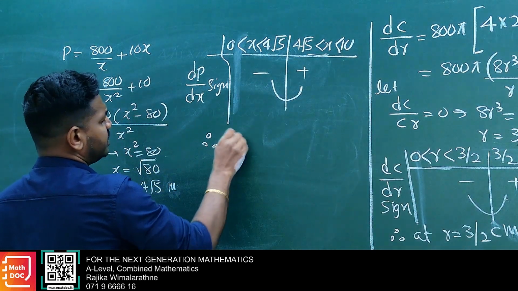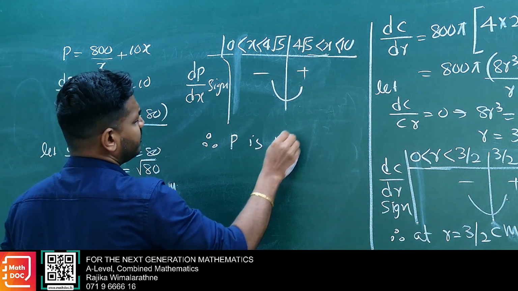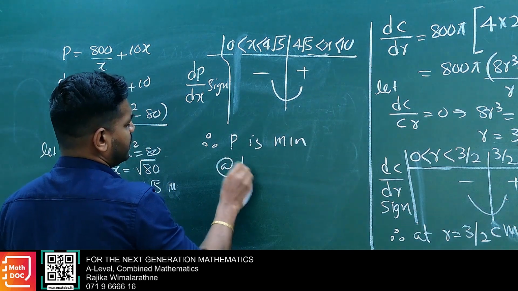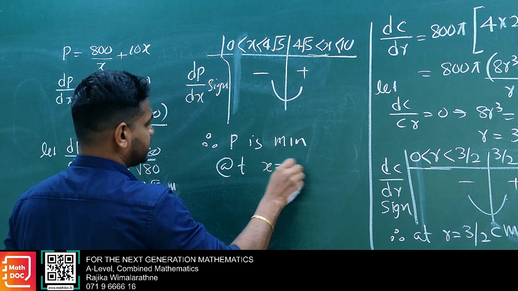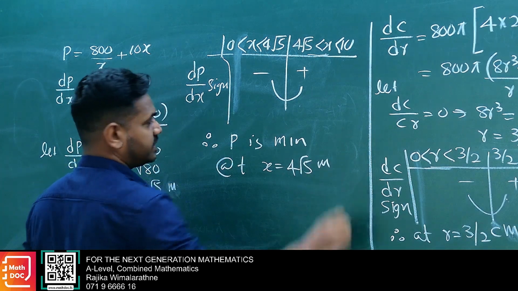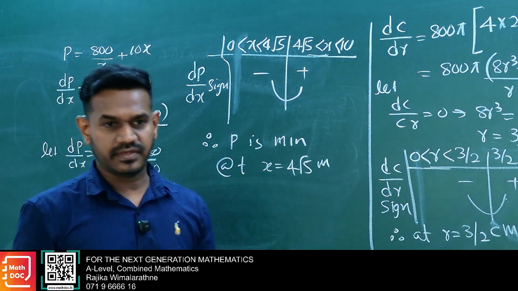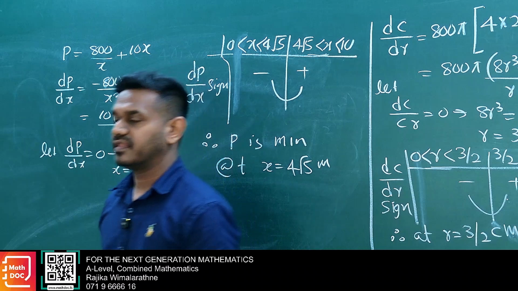Therefore P is minimum at x equals 4 root 5 meters. Complete.